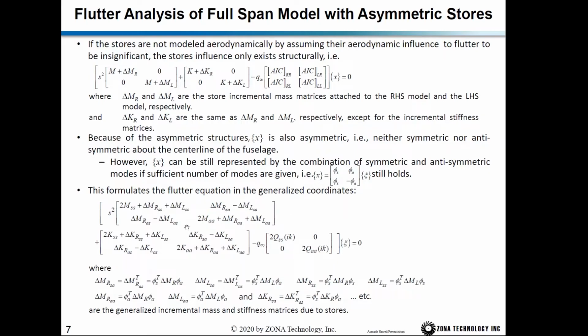All the terms, for example the delta MR SS, which is the generalized mass matrix of the store for the symmetric mode, can be computed internally in the Fvm module. So you don't need to perform full-span structural analysis.